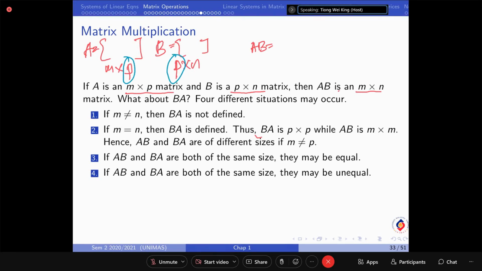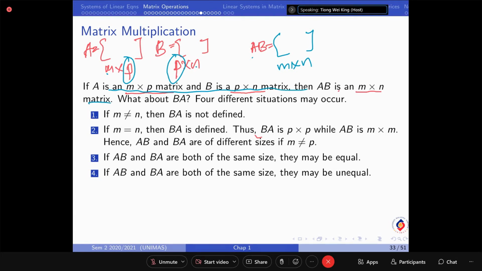If they are the same, then the size of the matrix AB is M by N. So this is the meaning of this statement.